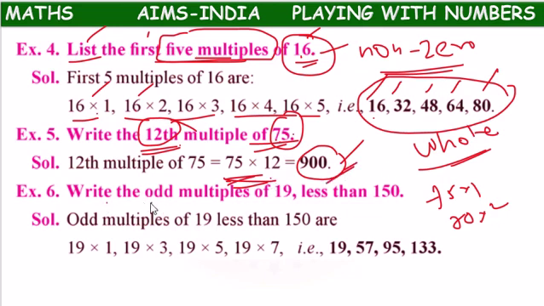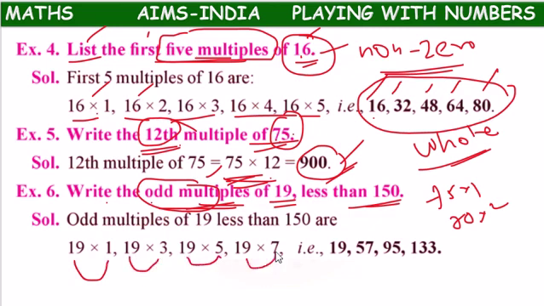Next, write the odd multiples of 19 less than 150. They are asking us to write odd multiples, means multiples formed by multiplying with odd numbers like 1, 3 is an odd number, 5 is an odd number, 7 is an odd number. 19 one time, 19, 57, 95, 133.